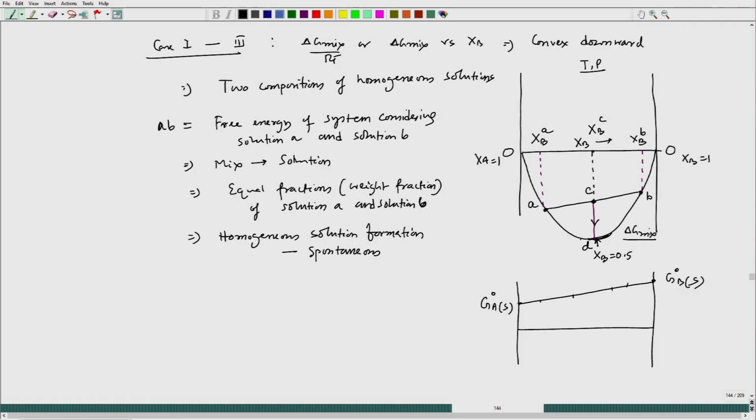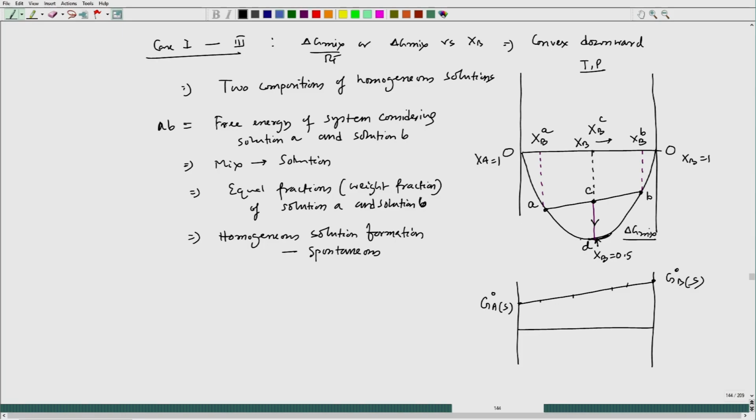So, two solutions of different compositions, when we mix them at a particular temperature and pressure, form a homogeneous solution, and that composition is taken as per the weight fractions of the two solutions taken, because we are applying lever rule and finding that solution composition.